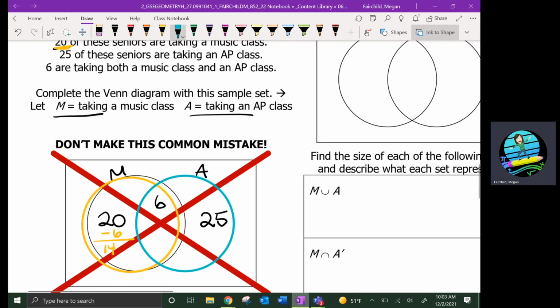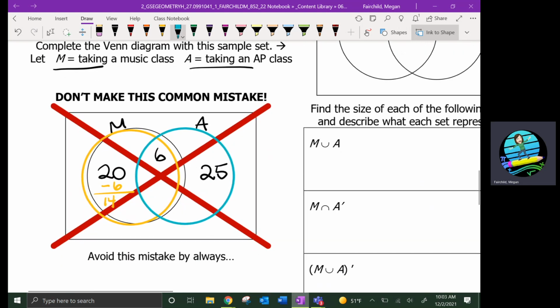But how many are actually taking it? 25. So again, I'm taking away that middle part because I've already counted it in the middle. So that would give me 19. Does that kind of make sense? I'm already representing those people in the middle.